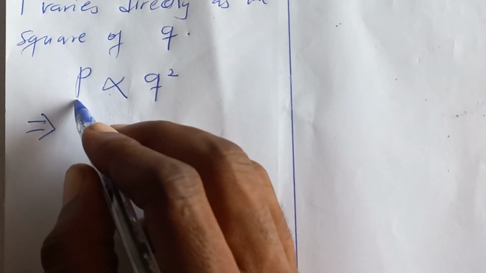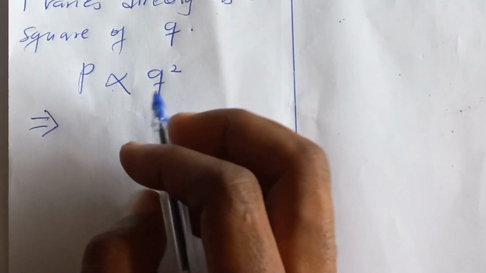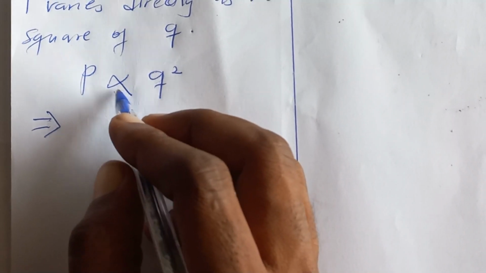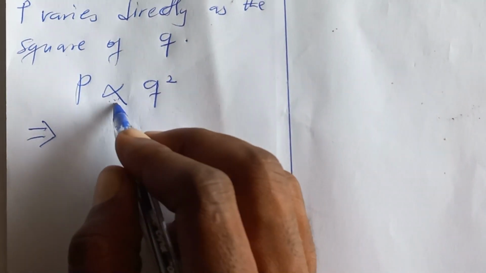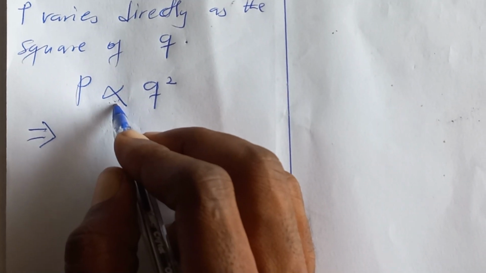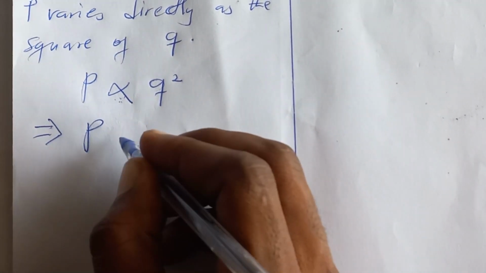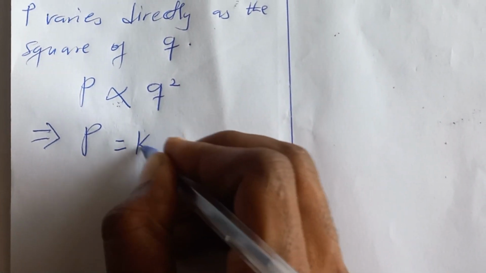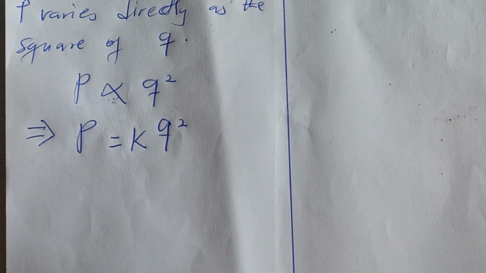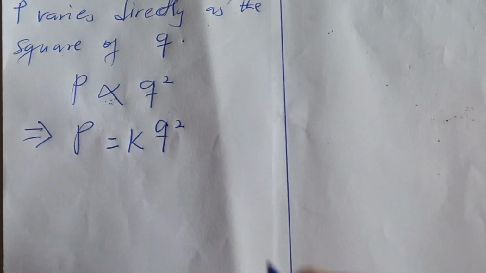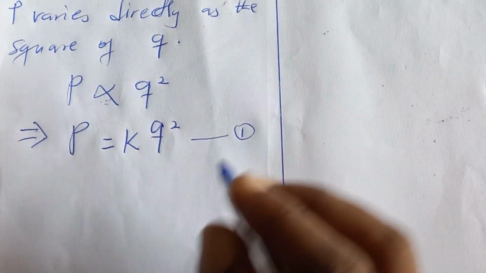Then, if you want to write this in equation form, you have to represent a constant by this proportional sign. Usually we use k for this. So you say that P is equal to k Q squared, like this. We can name this our equation 1.